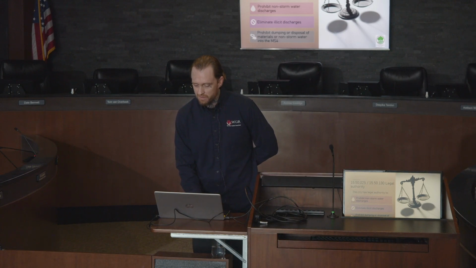So as an inspector, finding an issue and reporting it to the municipality can lead to the city stepping in and, as I said, effectively prohibit non-stormwater discharges through the MS4s, detect and eliminate illicit discharges and illegal connections to the MS4, something that you might find, though not all that often, and respond to the discharge of spills and prohibit dumping or disposal of materials other than stormwater into the MS4.